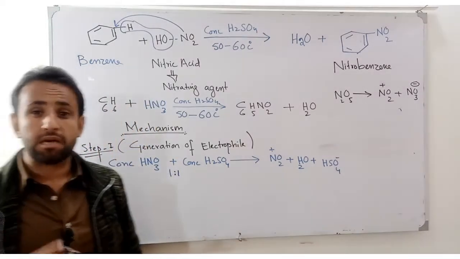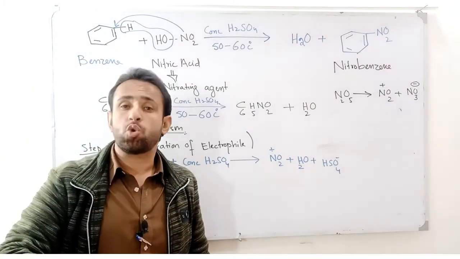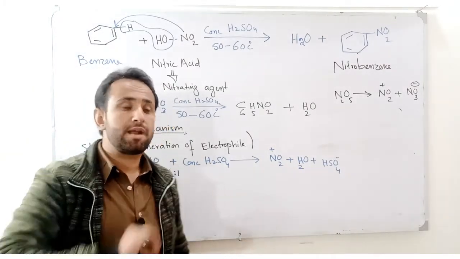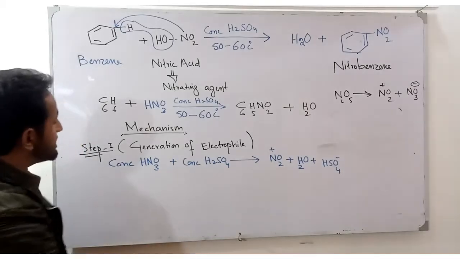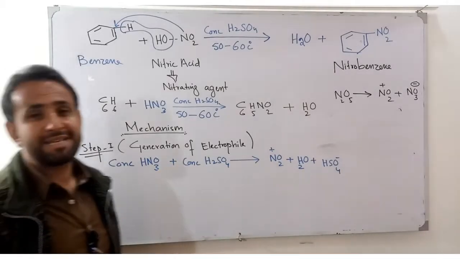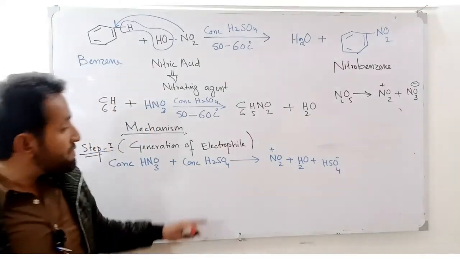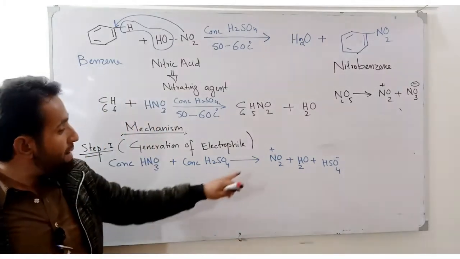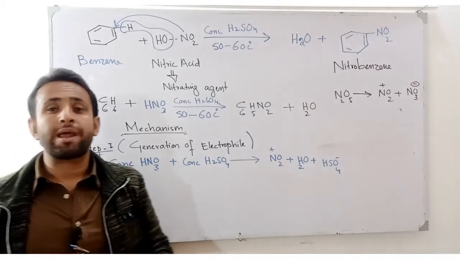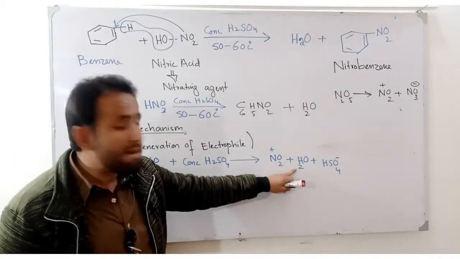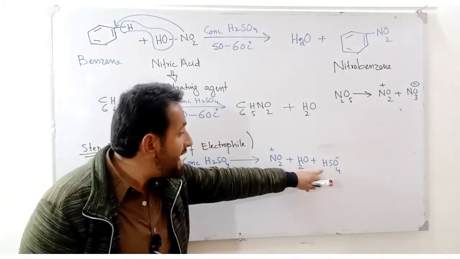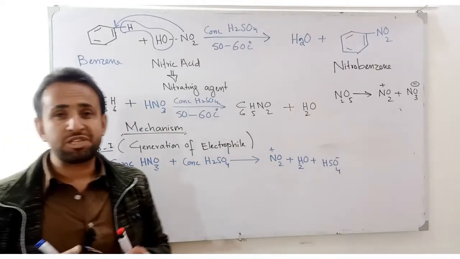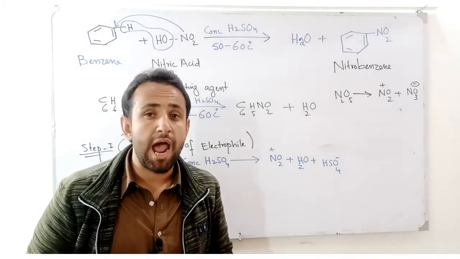So their concentration ratio will be the same in the case of nitrations. When I react concentrated sulfuric acid with concentrated nitric acid, three types of materials are formed. One of them is the nitro group, which is our electrophile. The other is the water molecule, and the last is the hydrogen sulfate or bisulfate ion.